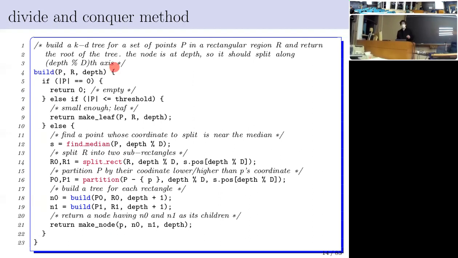The depth is used only to determine whether we split horizontally or vertically. So if P is an empty set, then essentially it returns nothing. Well, it's an empty tree. Let's assume that 0 represents an empty tree. And if the number of points in P is less than a predetermined threshold, then we just make a leaf containing all the points given.